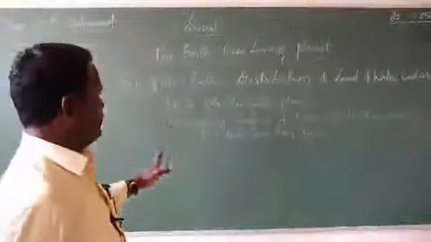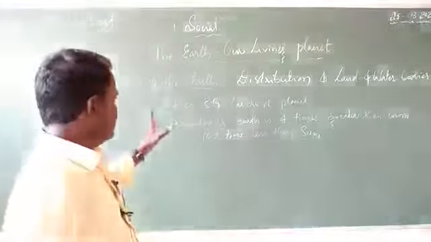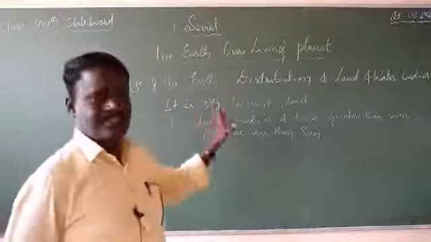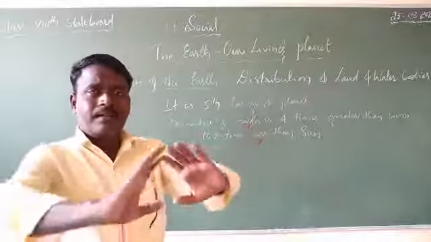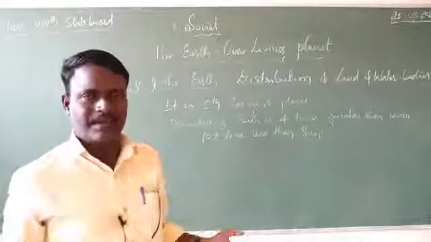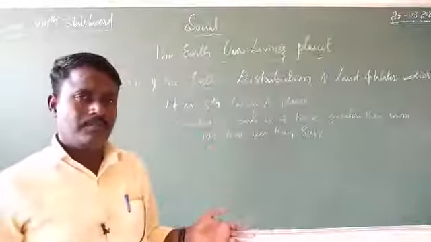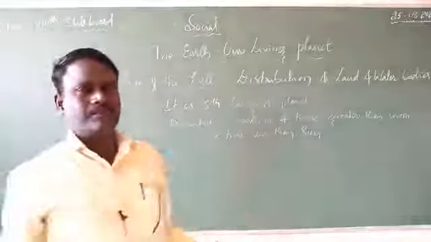First, we are going to understand the size of the earth. Earth is the fifth largest planet in the solar family, or the sun's family. Apart from earth, many other planets are also members of the sun's family.